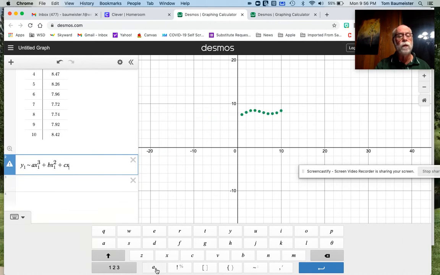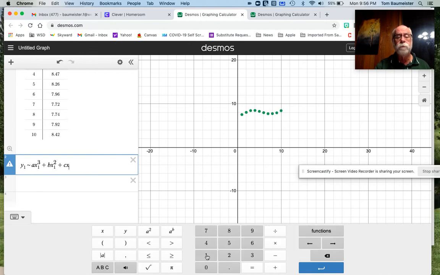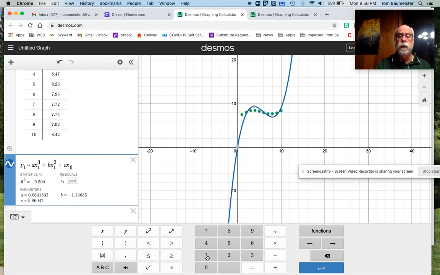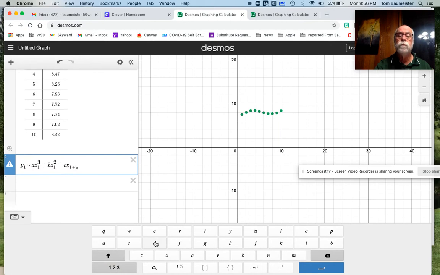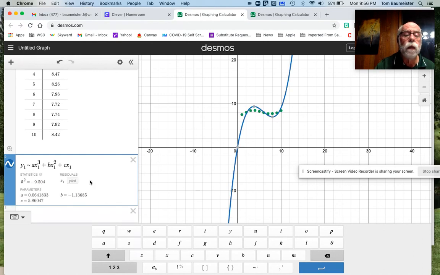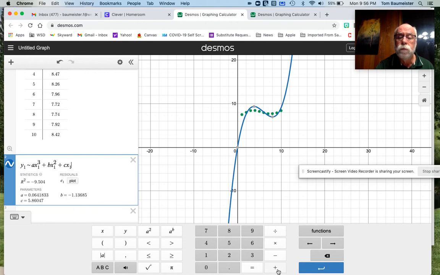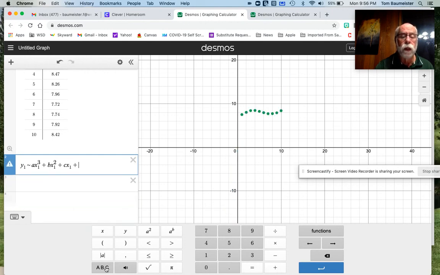Because it's regression, that's the only reason I have to keep doing the sub 1. Okay. And then we're going to go plus. And then what's our last thing? D. Oh, never mind. Sorry, I forgot to tab it up. So now I'm going to go plus. And now I'll go D.